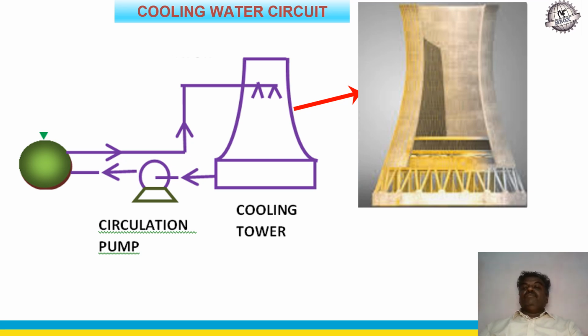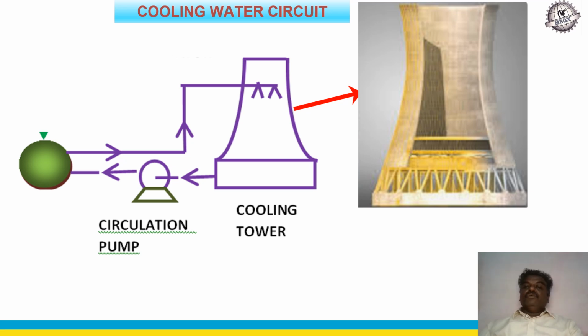So when the air becomes hot, it becomes lighter and it ascends up. As and when it ascends up, it leaves a negative pressure at the bottom. So the cold air from the outside rushes through the openings at the bottom and moves towards the top, ensuring a natural convection.